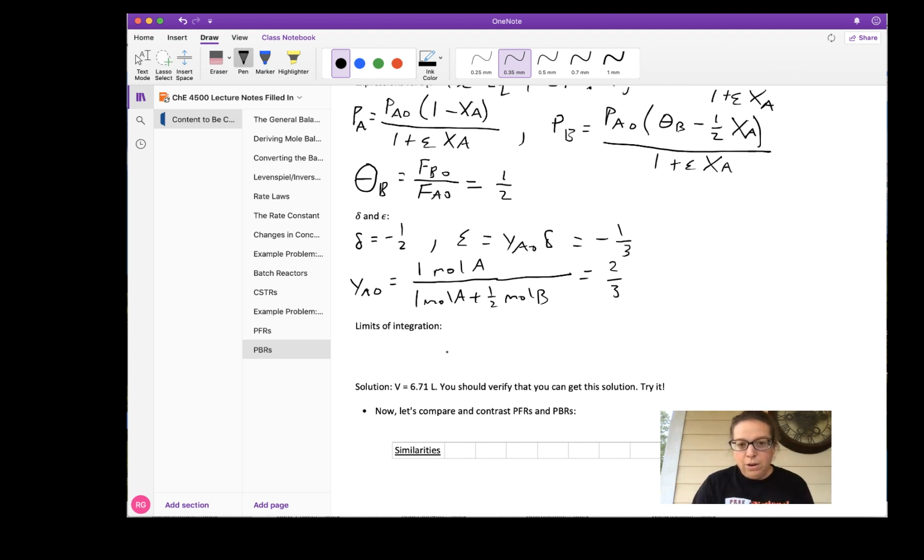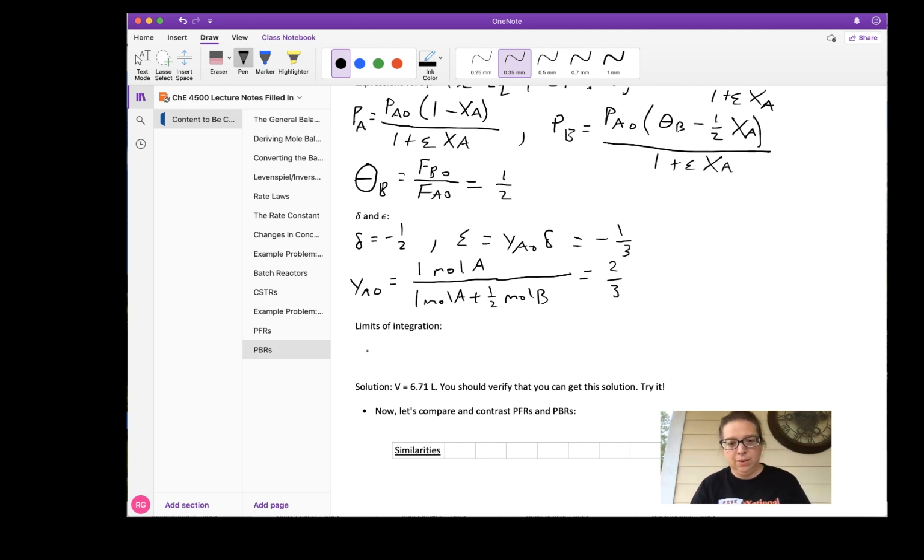So I now have enough information to solve this problem. I basically take my expressions for my partial pressures, and I insert them into the mole balance. And I could separate variables and integrate and solve.